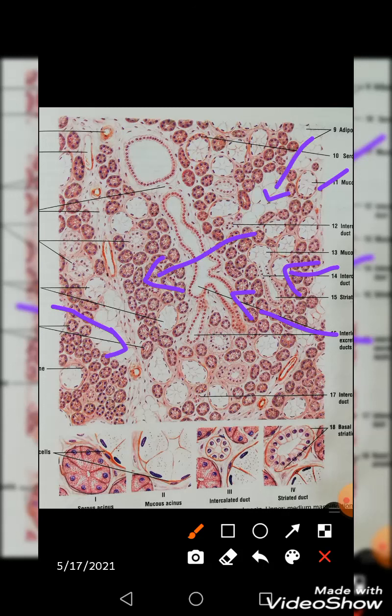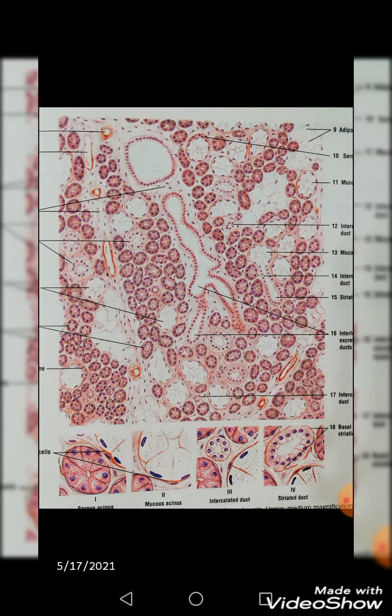What else is there regarding the submandibular gland? It again has a well developed connective tissue capsule that sends septa inside for the passage of the neurovascular bundle and the ducts. If you reconsider, 90% of the acini are serous and almost 10% are mucus acini.